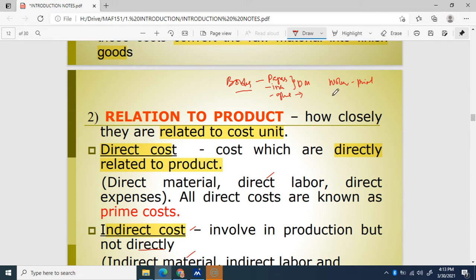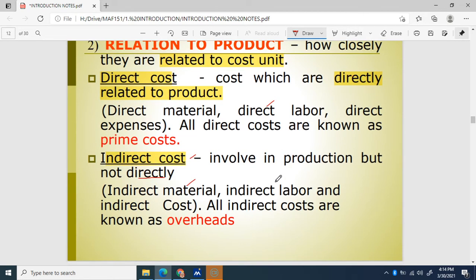However, there are also supervisors. A supervisor is not directly producing the book but supervises the workers. So the worker who prints the books is direct labor because directly traceable to the product. Wages or salary for the supervisor is indirect labor.